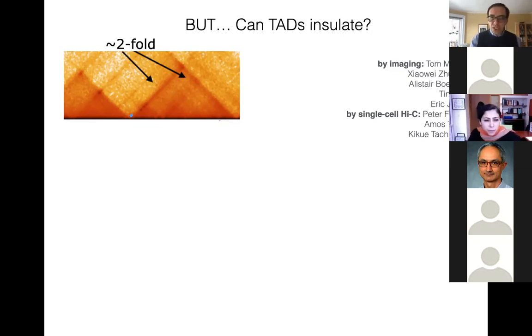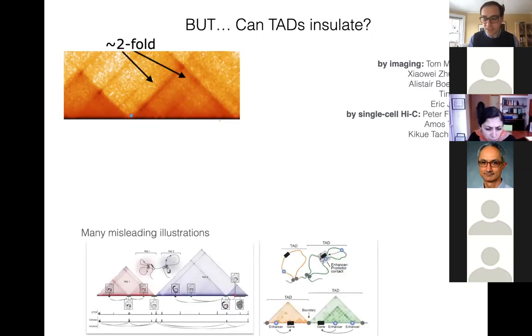So this insulation is not very strong. And the question is, if insulation is only twofold, but it's functionally very important. This is again my comment about some of the illustrations that you see in the literature where people just white out these regions in the map and make you believe that there are no interactions between TEDs. So clearly there are plenty of interactions between TEDs.